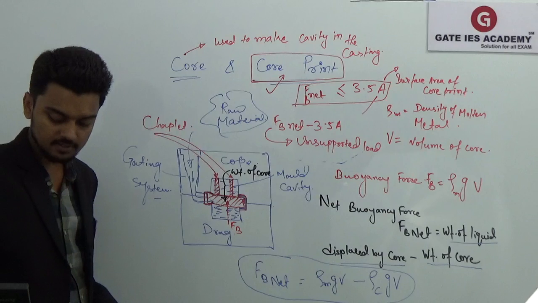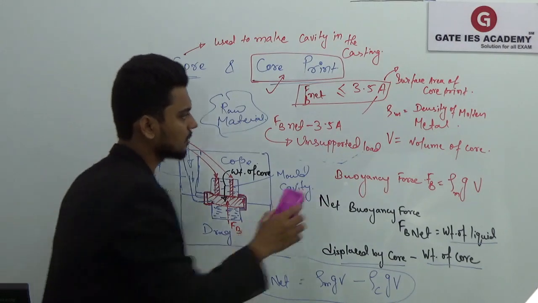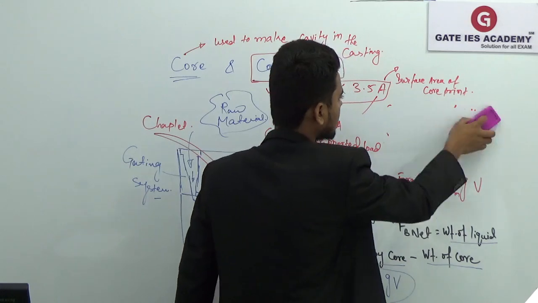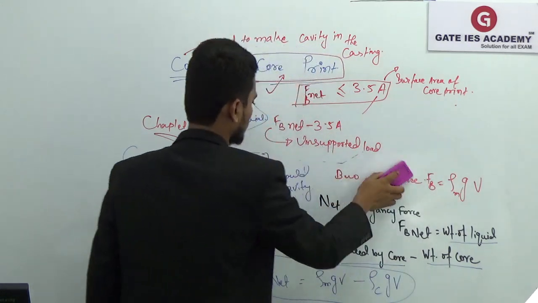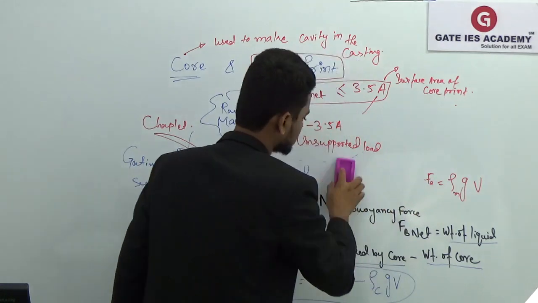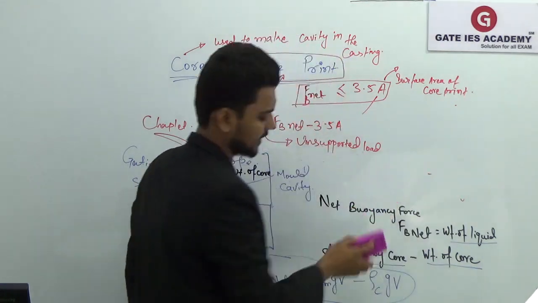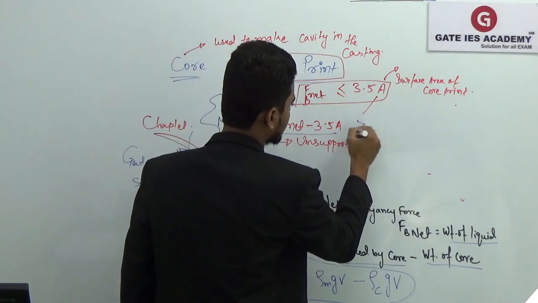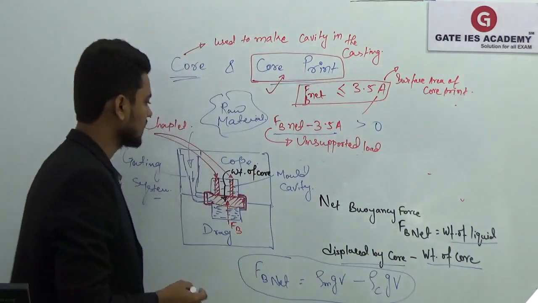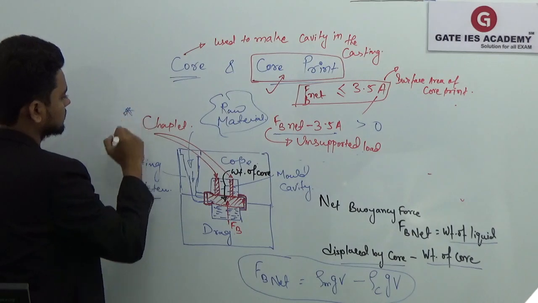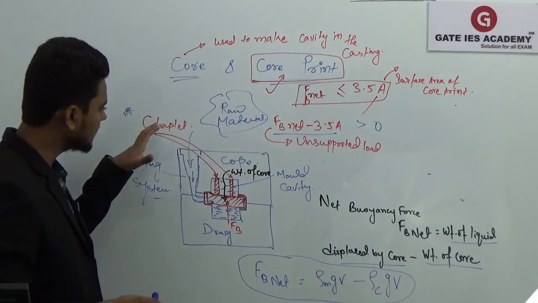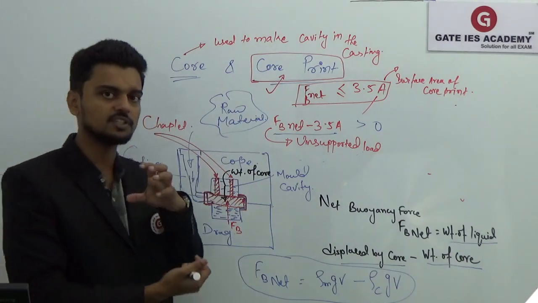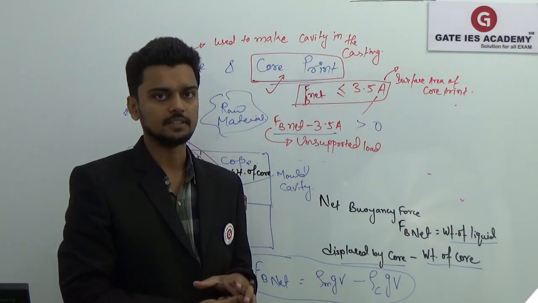And if this unsupported load is greater than 0, in that case we require some extra support, and that extra support is given by chaplet. So this chaplet is used to support that core, to keep that core in position in that mold cavity.